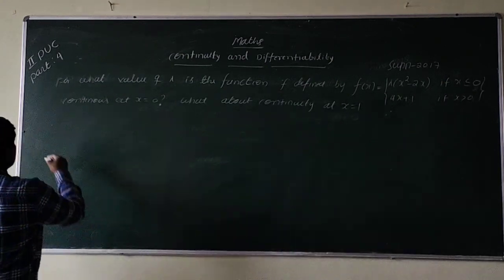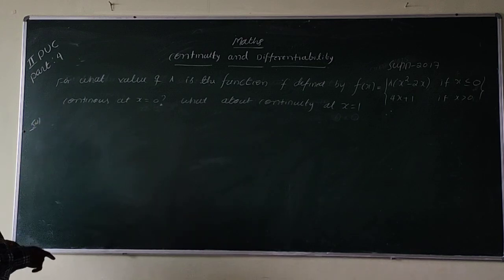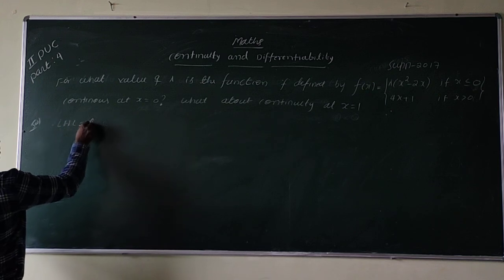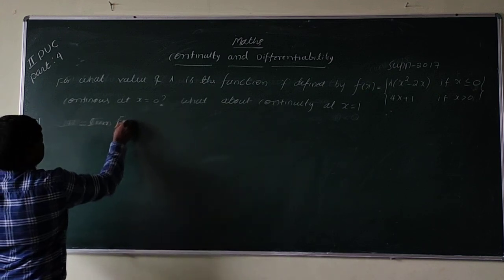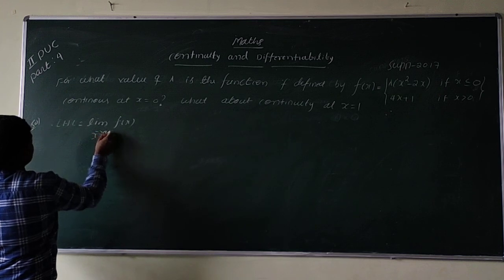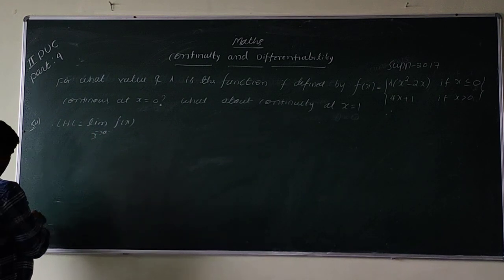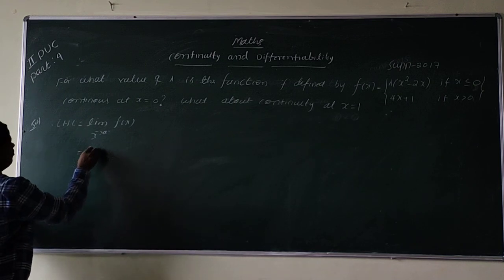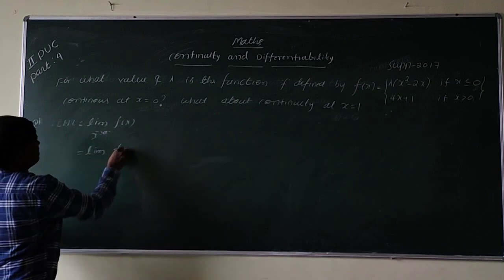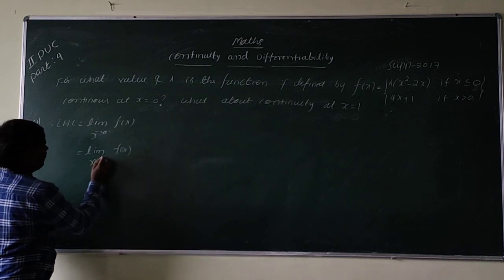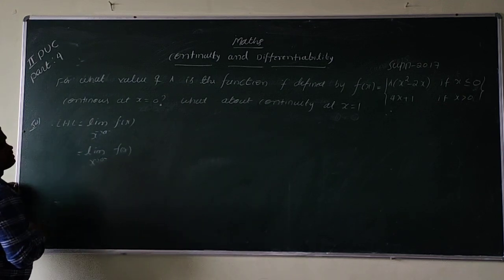Okay, solution. Here the function is split, so we go through limits. First we need the left hand limit, the limit of f of x as x tends to 0 minus, where x is less than 0.